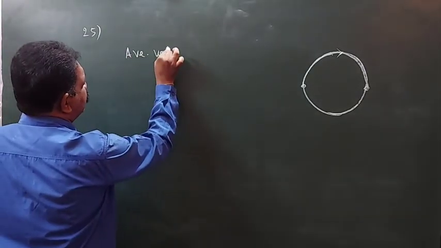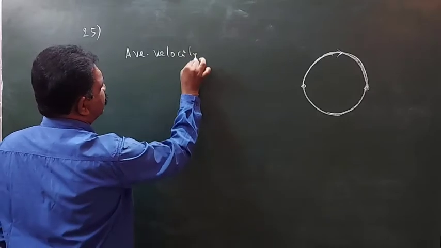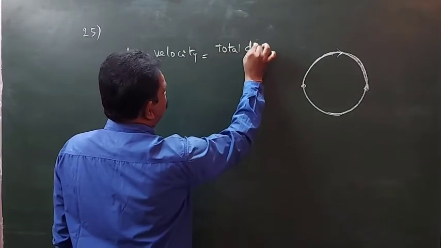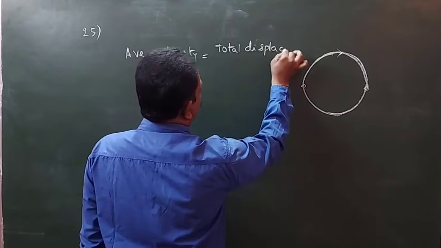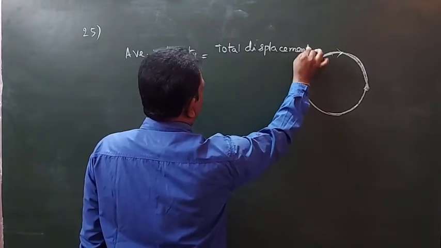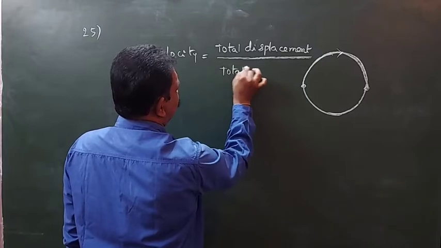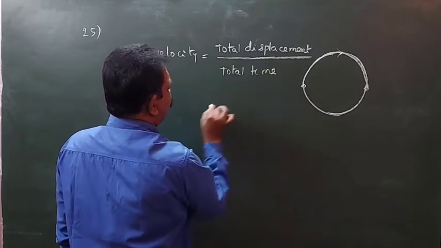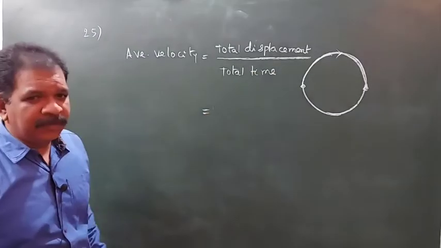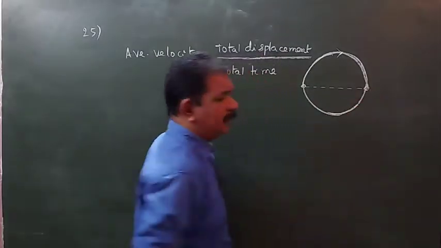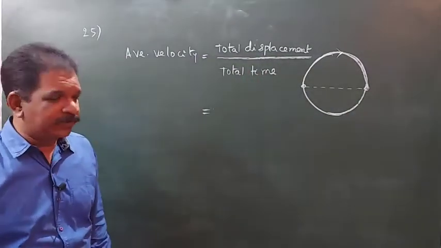Formula will be same. Average velocity is equal to total displacement divided by total time. Clear? Here total displacement value is this one, shortest distance between initial and final positions.